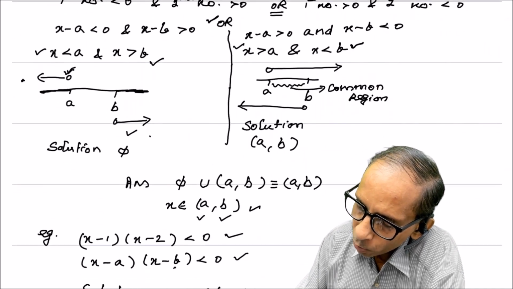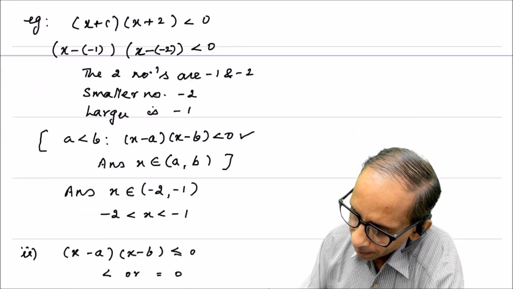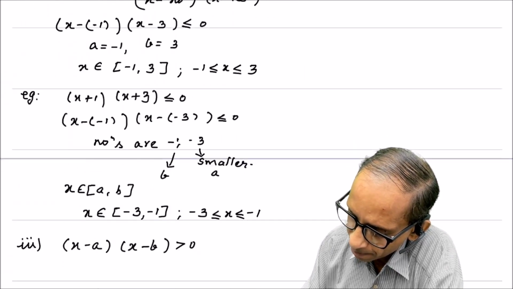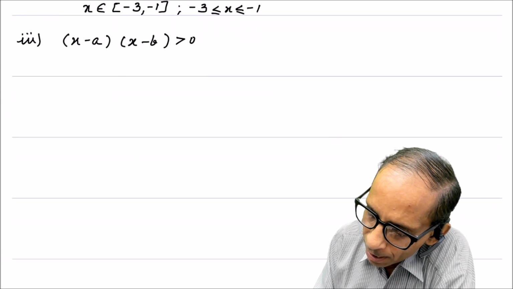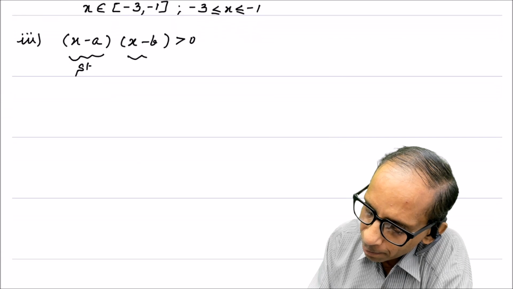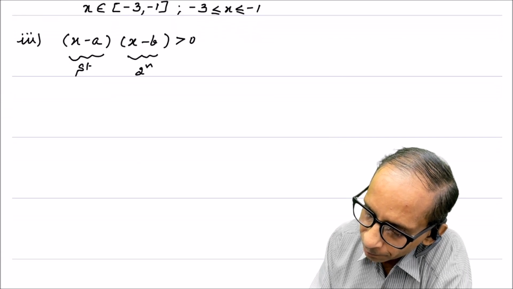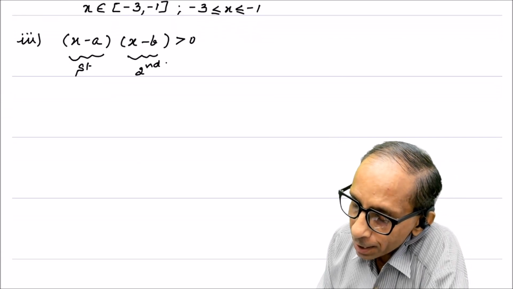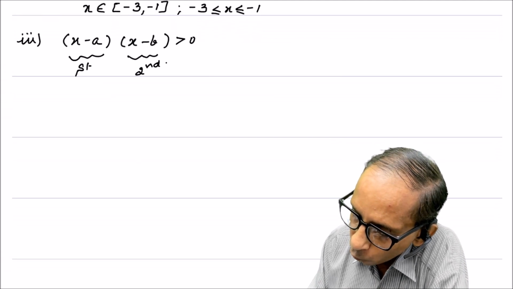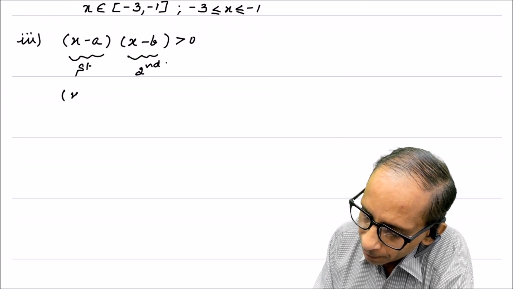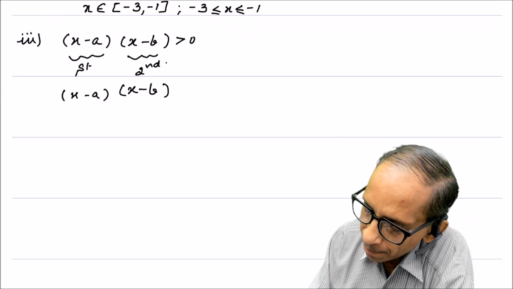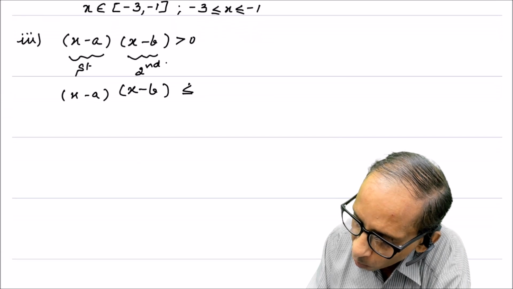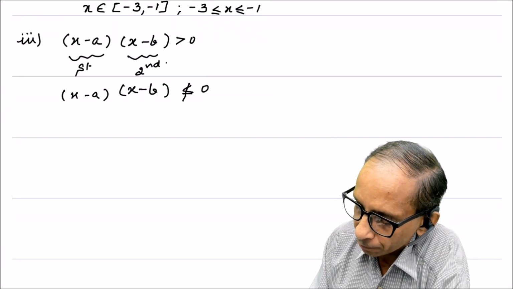So now we are going to the third situation, that is (x minus a) into (x minus b) greater than 0. What we have is there is one number and the second number is this. The product is greater than 0. So what we can say is that this (x minus a) into (x minus b) is not less than or equal to 0.